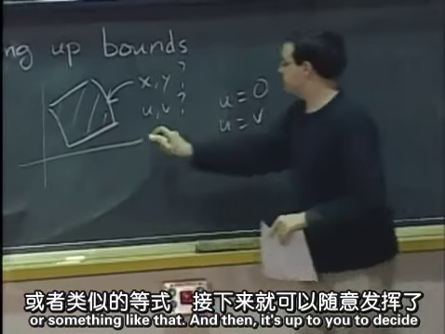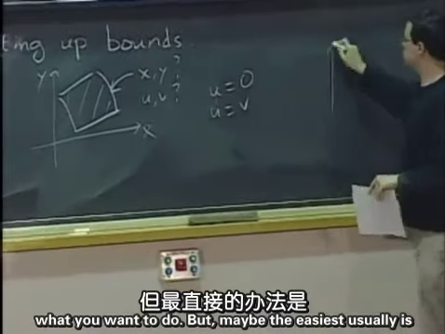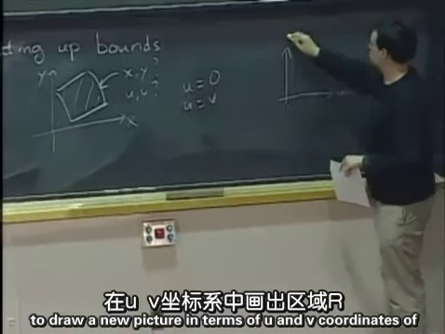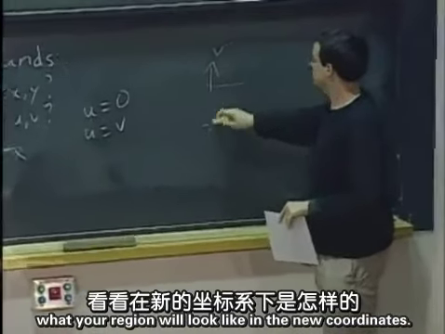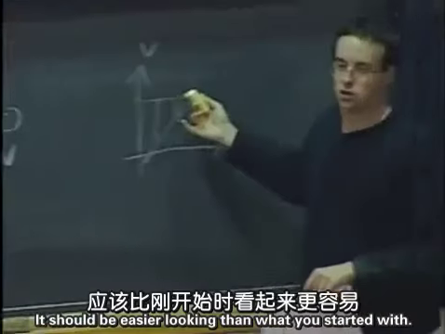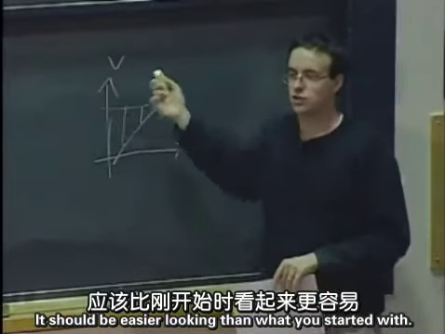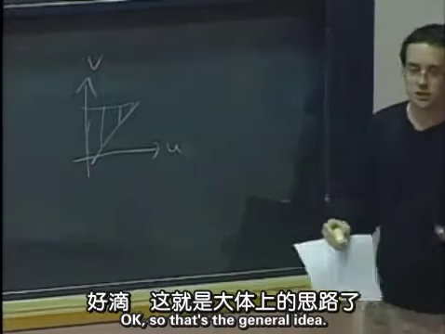And then it's up to you to decide what you want to do, but maybe the easiest usually is to draw a new picture in terms of u and v coordinates of what your region will look like in the new coordinates. And it might be that it will be actually much easier. It should be easier looking than what you started with. Okay? So that's the general idea.